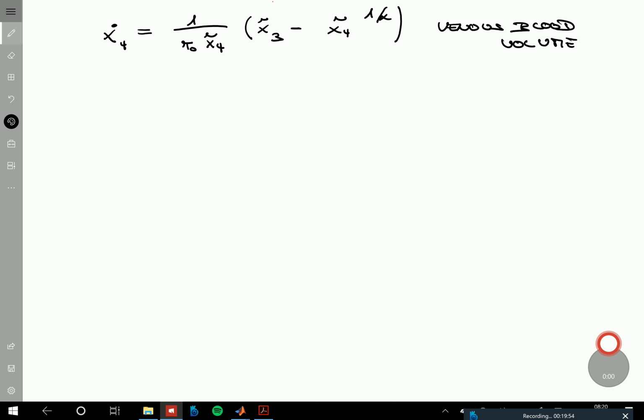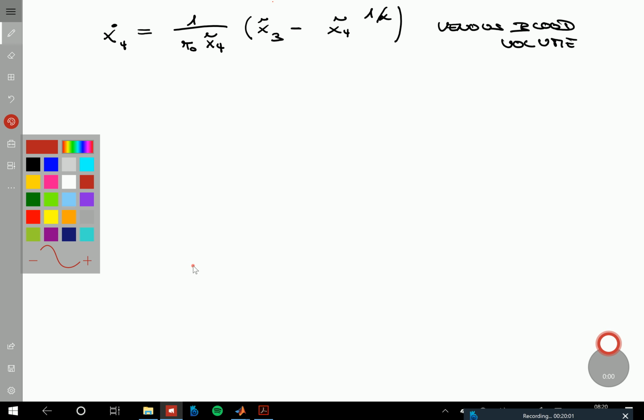And here the idea is that there is some inflow.